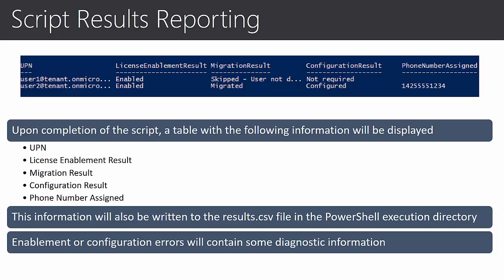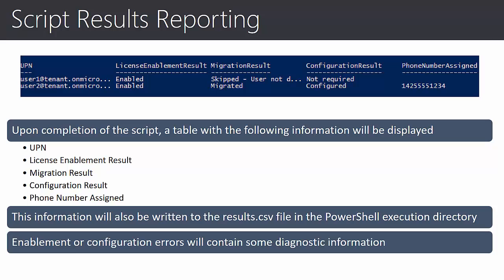So what happens at the end of the script? As I said earlier, in the PowerShell window, you'll get a table that gives you the results of user execution. But above, I have a sample. It's only for 2 users. But in the results, you will see the user principal name, the license enablement result.